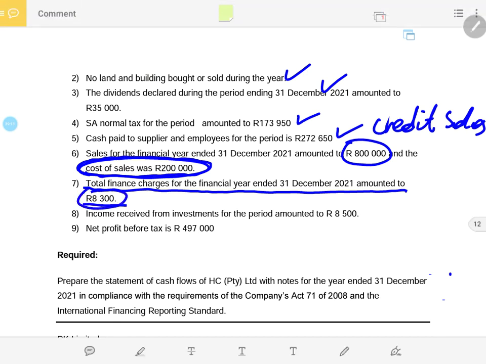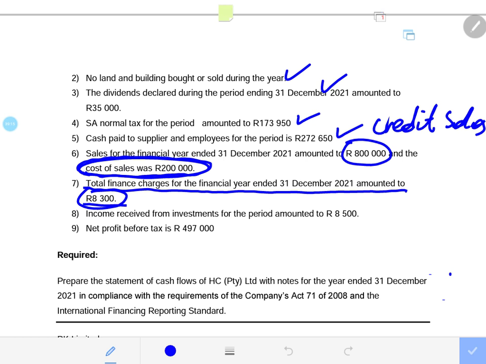Then we go to the next one, which is our income received. This one is very clear. They say income received. That means it is income that we have received on the investment, 8,500. But when it comes to the finance cost, it was not clear.